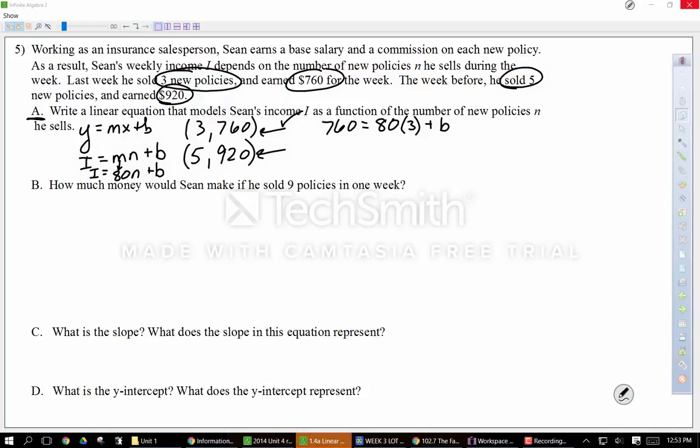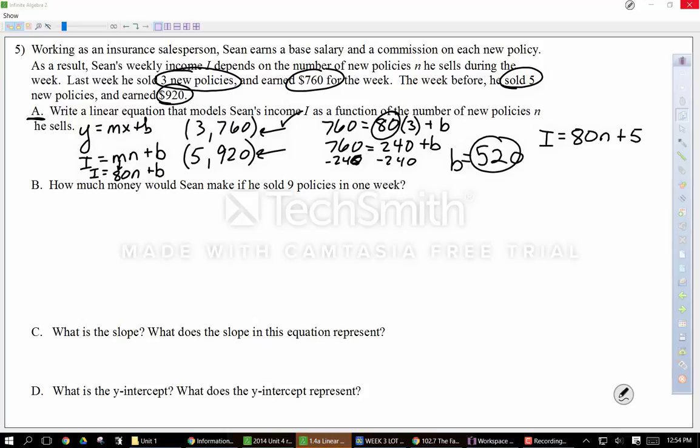This is an equation. So I get 240 plus b, and 760 still there. Remember, I have to subtract. So now b is equal to 520. Okay? So using my slope, 80, and my b, 520, I can write my equation as I equals 80n plus 520. And that is the equation that I'm going to use for parts B, C, and D.